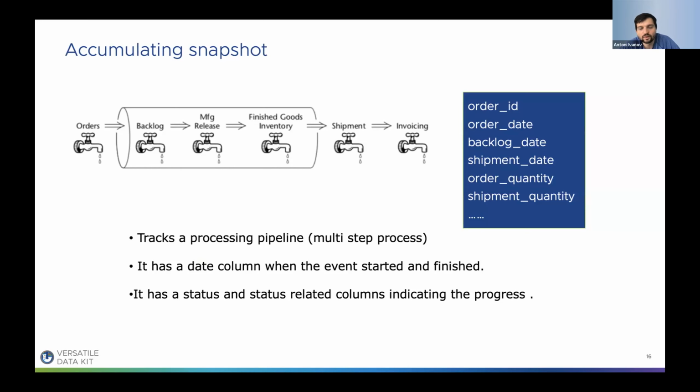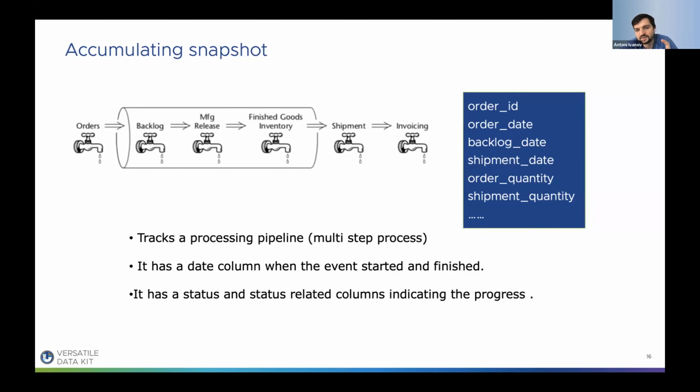If you want to be able to quickly answer your organization's questions, such as what are all the current orders that are being shipped, or what are all the current orders that are in manufacturing, or how long it takes to get between stage X and stage Y, these kinds of questions are very easily answered with the accumulating snapshot fact table, because you track the processing pipeline in it.